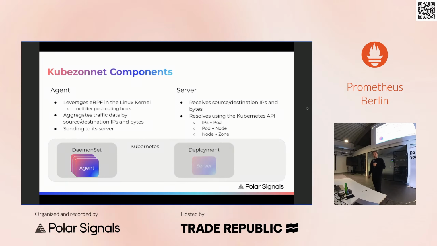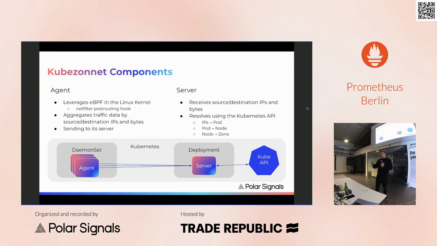We have one replica of the server component of Kubezonnet running in our cluster. Once the agents have gathered some data, they send it to the centralized server. The server component, this pod, talks to the Kubernetes API to figure out which pod this IP belongs to, which node that pod is running on, and which zone this node is in.